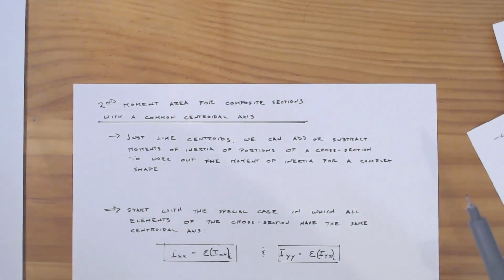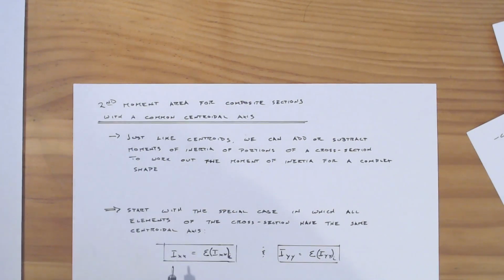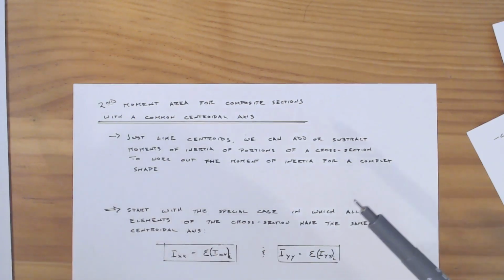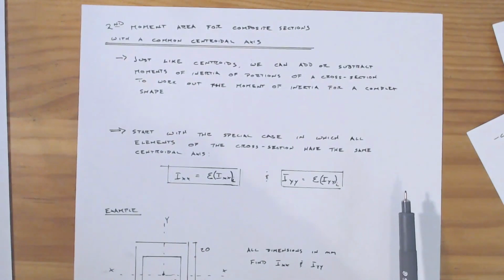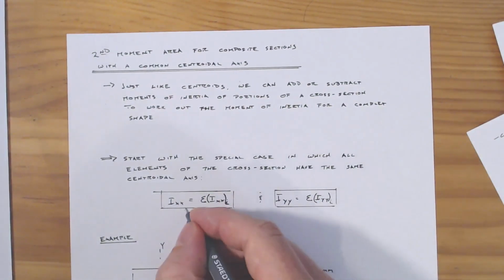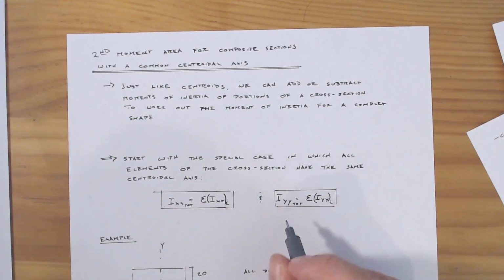We can do the same thing with moment of inertia. But we're only going to start with this very special case where each of the little components has a common centroidal axis. If we have that, then our moment of inertia for the x and the y direction total is just going to be the sum of each of these little ones.